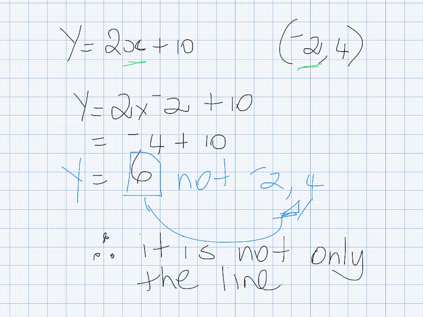Another way we could have solved this is if we had drawn the graph and plotted these two numbers, and then we would have also seen that it wouldn't have been on the line. For example, let me do just a rough drawing here.